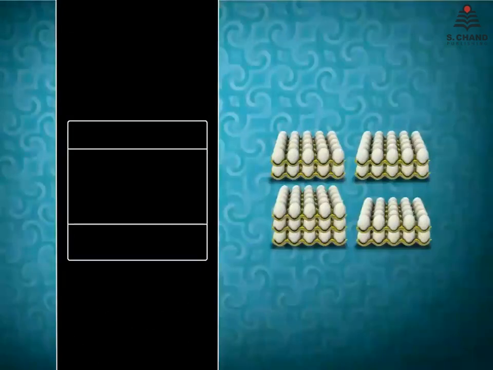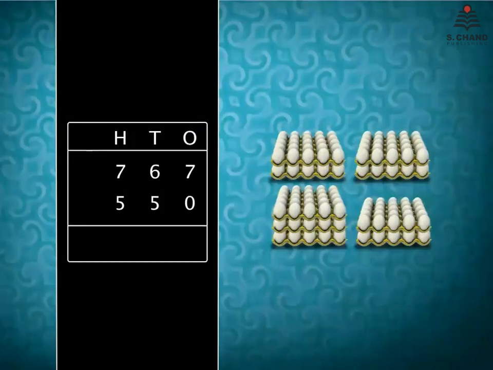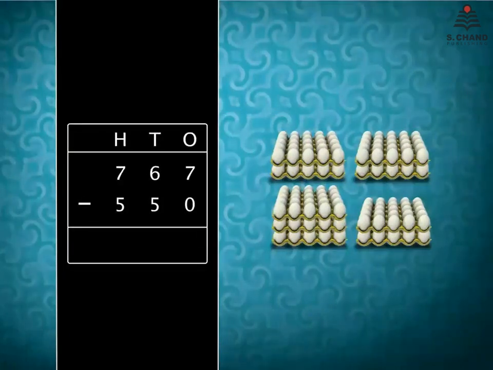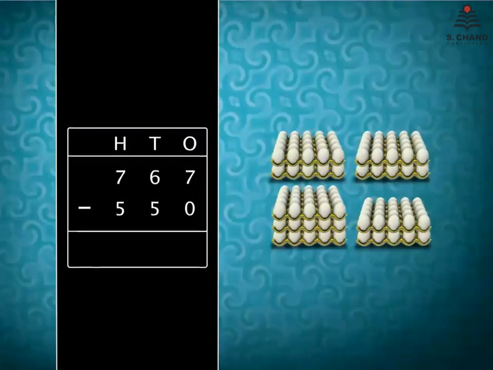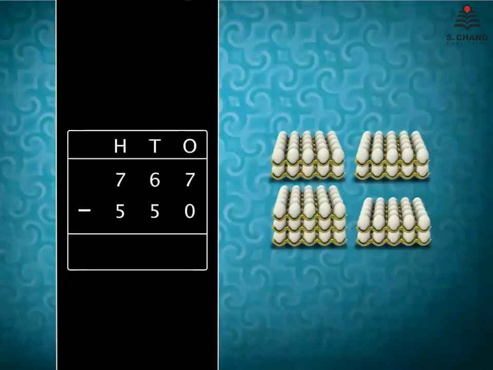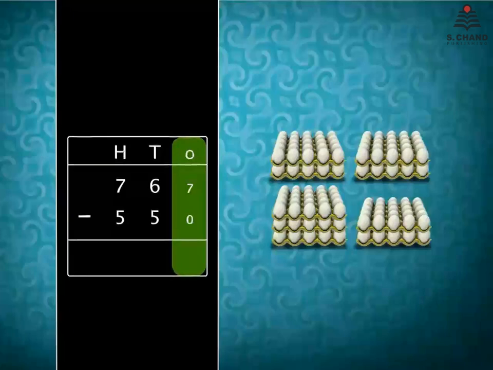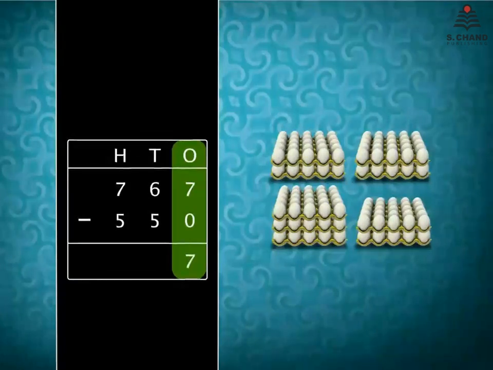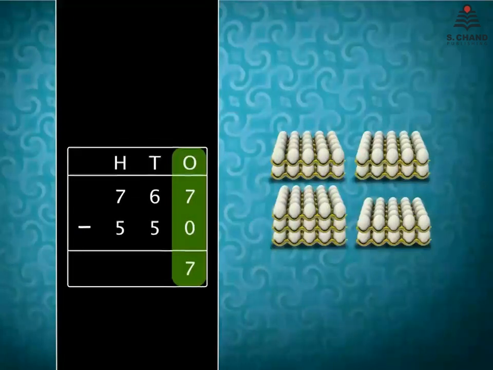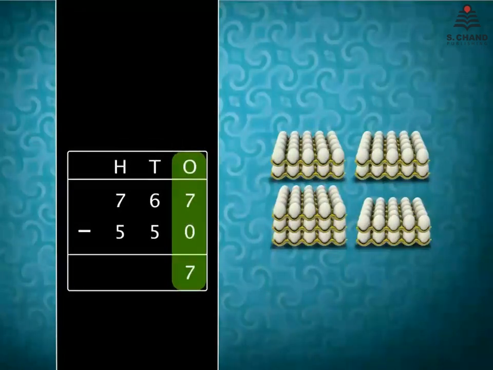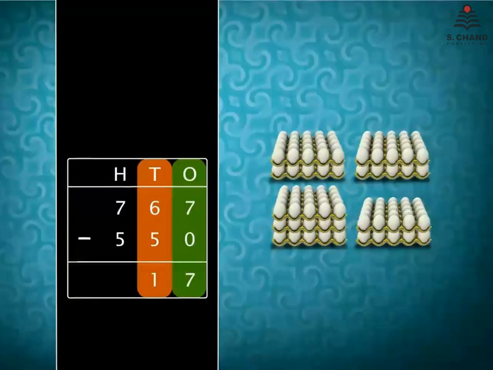Let's first write the two numbers in columns of hundreds, tens and ones and subtract. Like in addition, we always begin subtracting from the ones column. Subtracting the digits in the ones column, we get 7 as the answer. Next, subtracting the digits in the tens column, we get 1 as the answer.